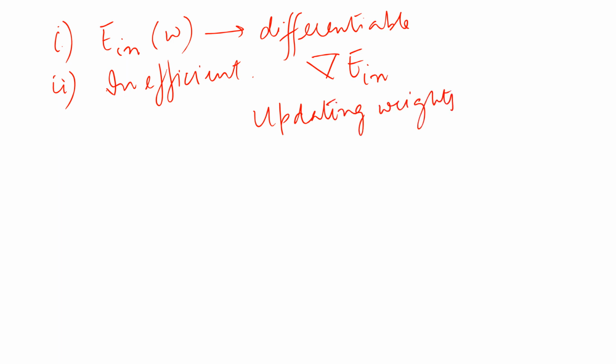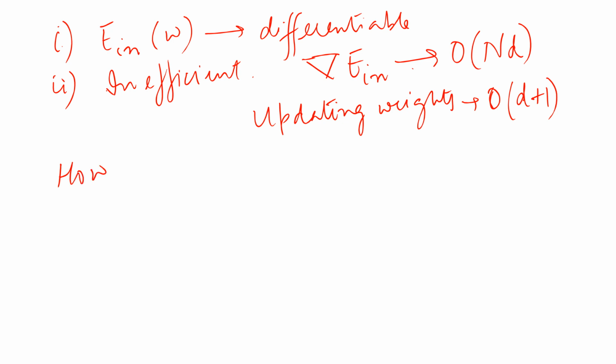Updating weights is going to be an order d plus 1 operation, because d is the dimension of my data. And for the gradient, in one iteration I need to take care of the entire data set, so this is of the order nd, which is huge if you think about n and d. So how do we get rid of this inefficiency? Basically, the question is how can we roll down efficiently?